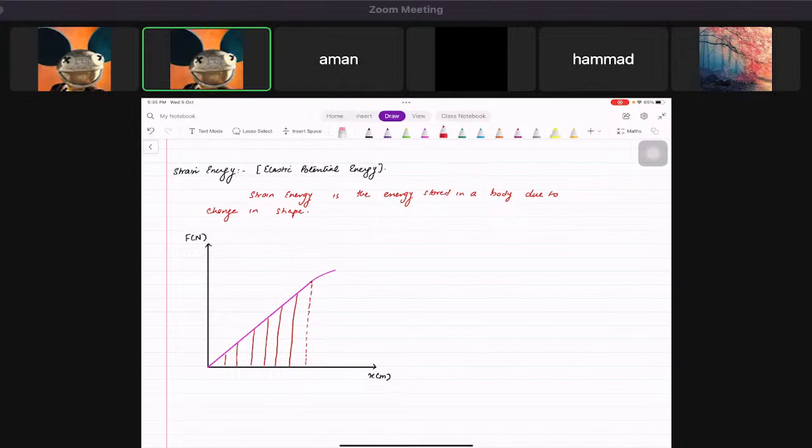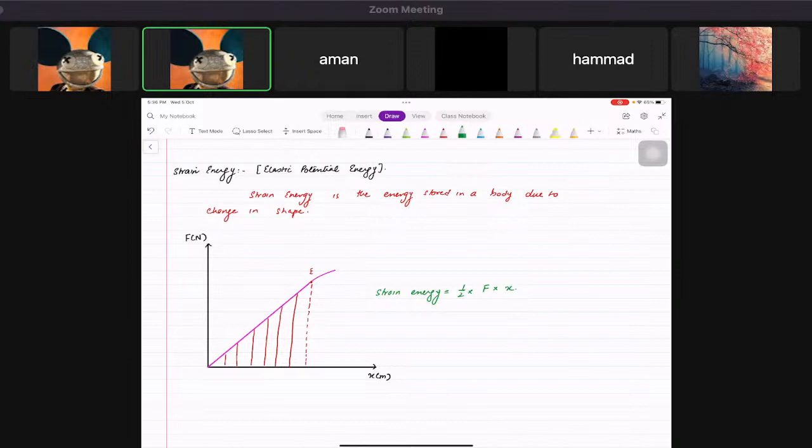So check this out, please. This is the elastic limit here. So the area under the graph would be the strain energy, and the strain energy can be calculated by half times this force times the extension that it has caused, because it's a triangle, right?